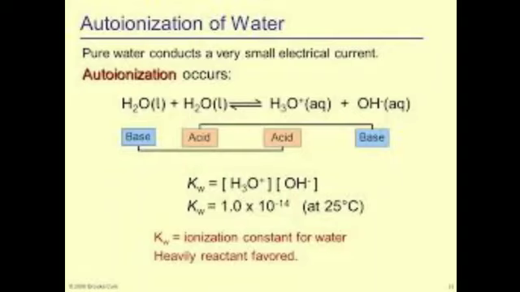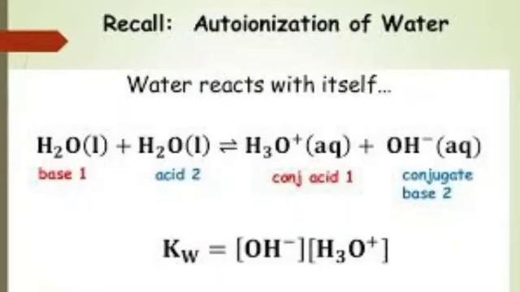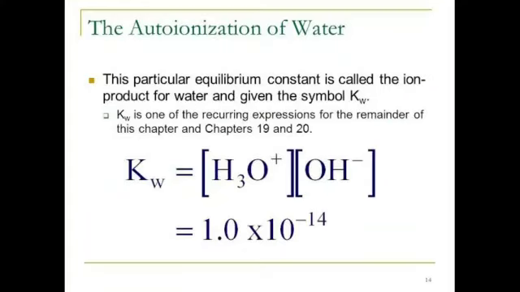The equilibrium constant K for the ionization of water is given by K is equal to concentration of H3O+ into concentration of OH- divided by concentration of water square, or it is also written as K into concentration of H2O square is equal to concentration of H3O+ into concentration of OH-.